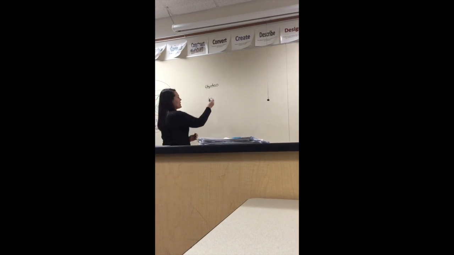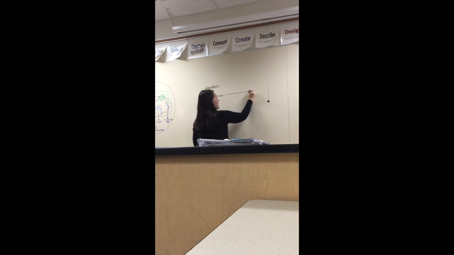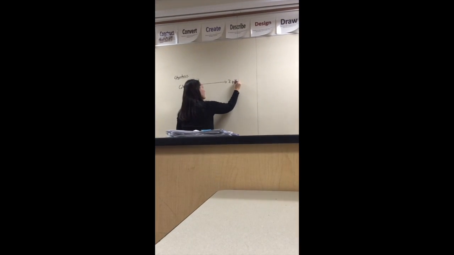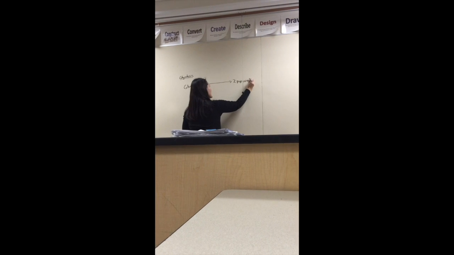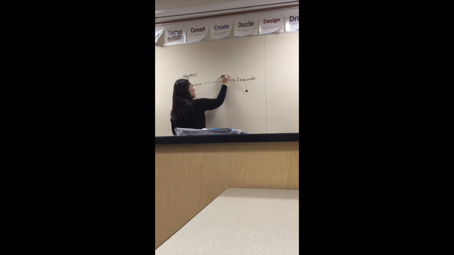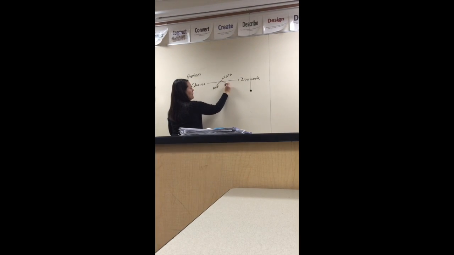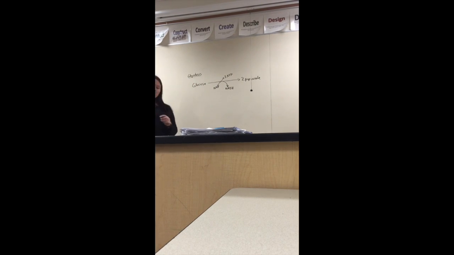All right, so we're going to start out with glucose, and we're going to get 2 pyruvate. How much energy is produced in this process? How many ATP? 2. And we have NAD plus going to NADH. Now, can this process just stop here?